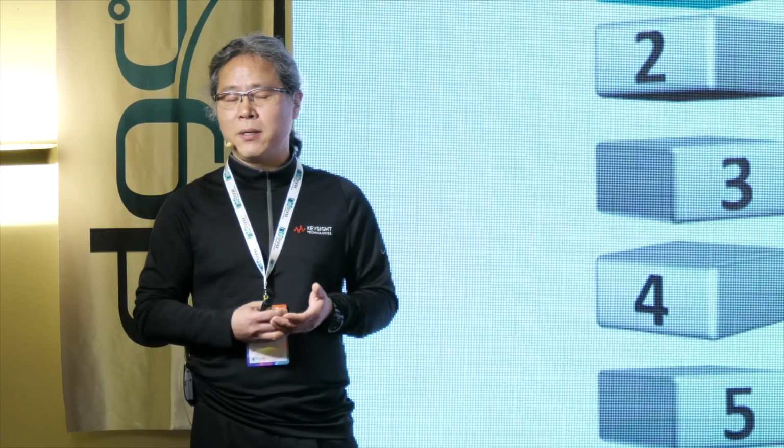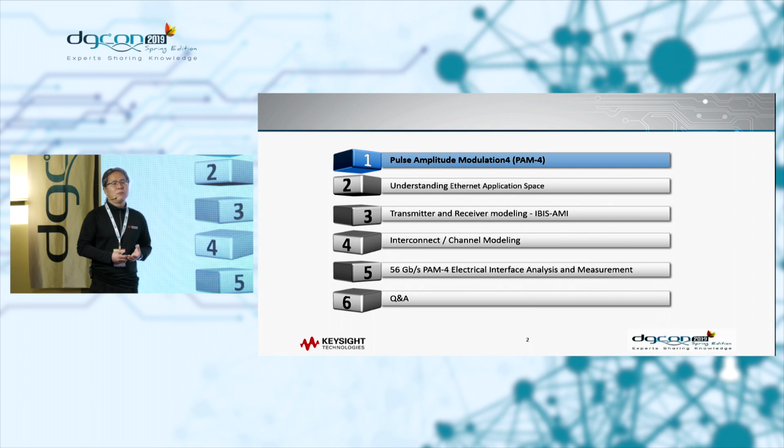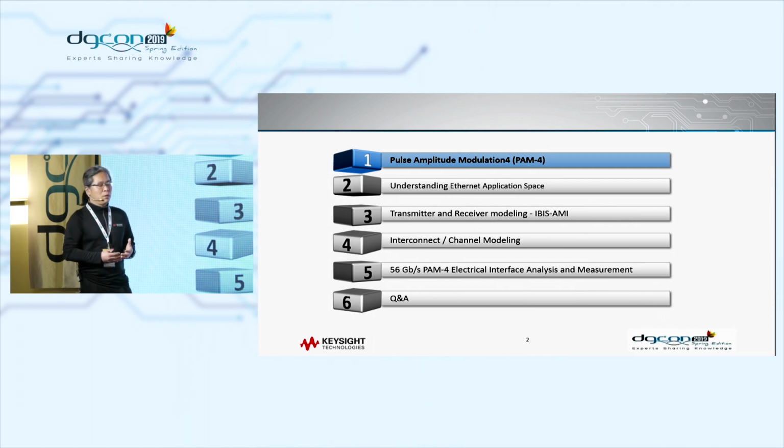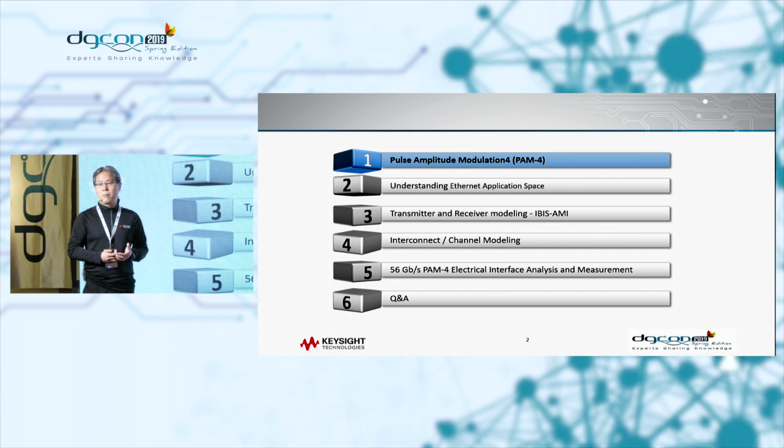I'm very, very happy to be here to talk about today's presentation, which is something around PAM4 for 400 gigabit applications. It will be quite broad in terms of topics I'll be covering.